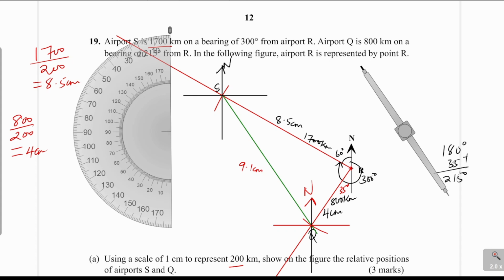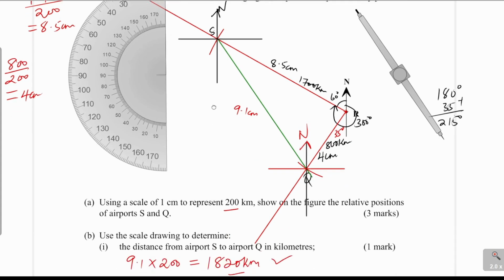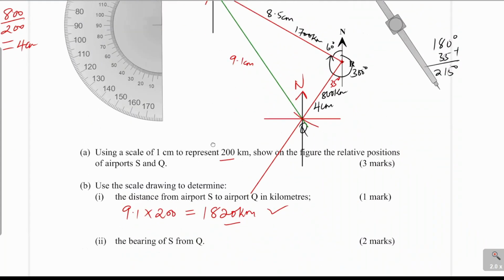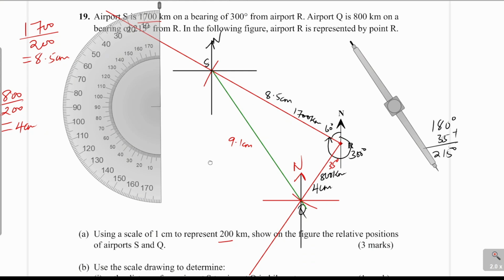Now what you need to get is the bearing of S from Q. So we need to measure the angle from Q, and that angle is the whole of these. Let me identify the angle S from Q, this angle from the north all the way to this line. So that is the angle that you need to measure.